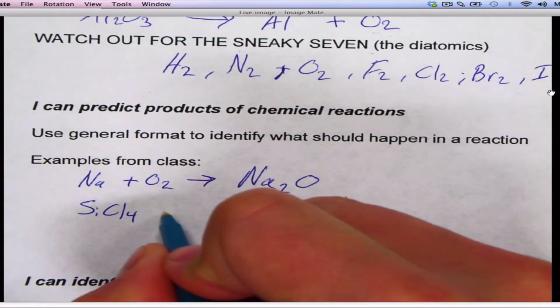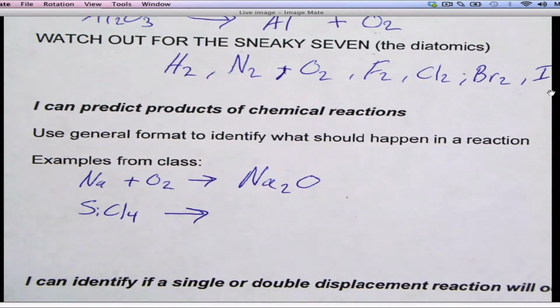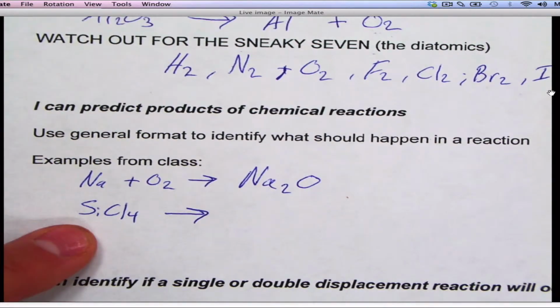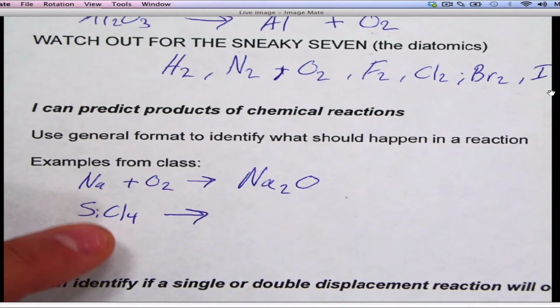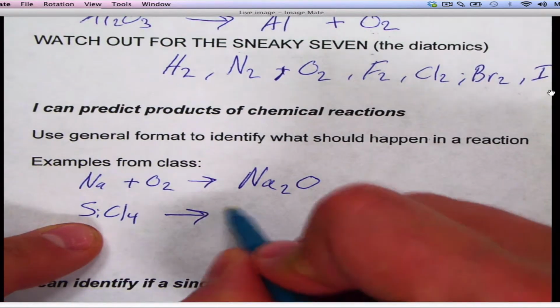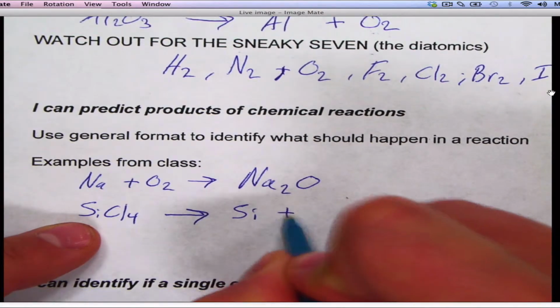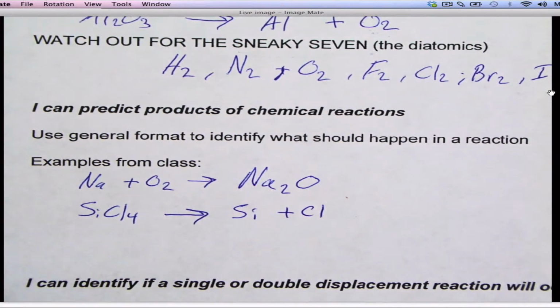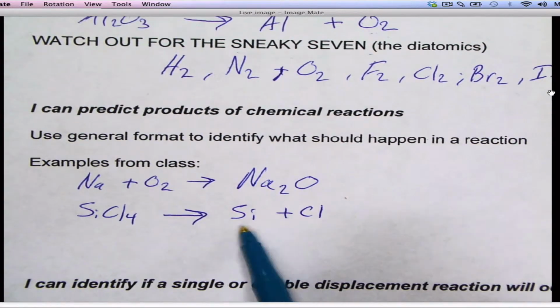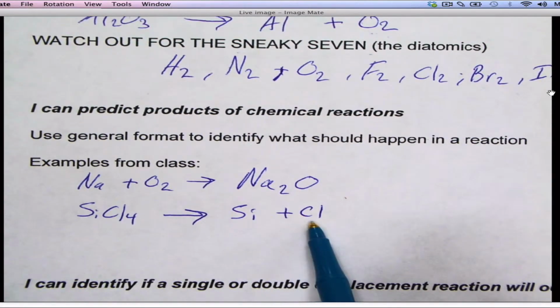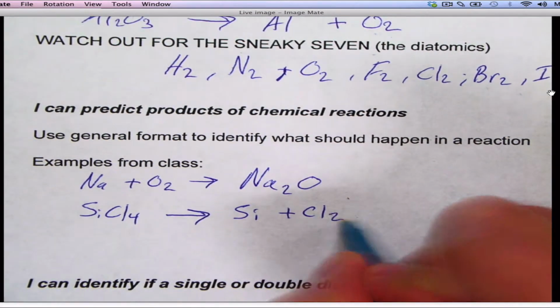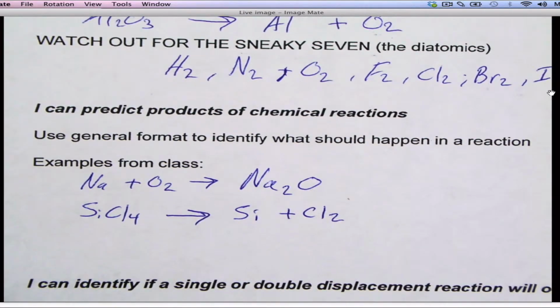SiCl4. And I just gave you that and said, okay, figure out what's going to happen. Well, I know it's a compound to start with, and that looks a lot like a decomposition because you always start with a compound. Break it into its parts, it should be SiCl. Now I have to quick check, is there any diatomics here? Si is not, but Cl is, so that means there should be a 2 there. And there's a decomposition.